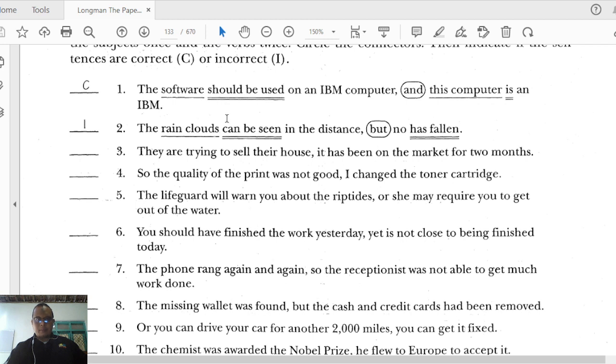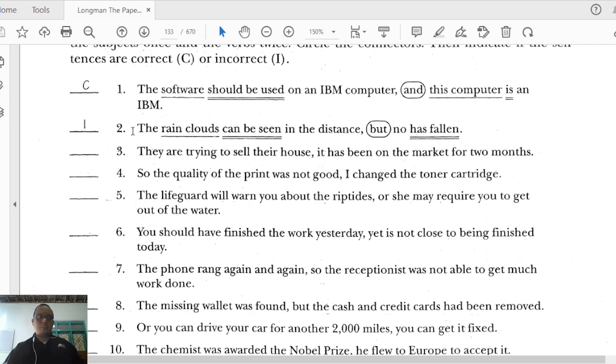Should be used. Okay, so it's passive ya, tapi di sini bentuknya adalah present. The software should be used on an IBM computer. This computer is an IBM. Berarti this sentence is present ya. Maka pakainya and. Atau sama-sama IBM software and then computer sama-sama ya, related with technology.